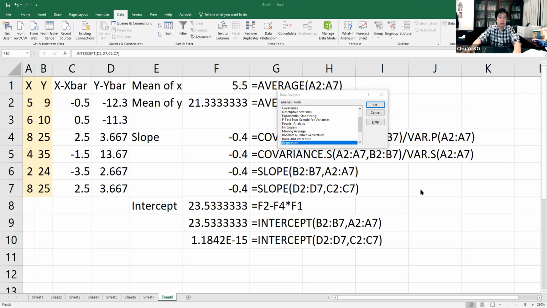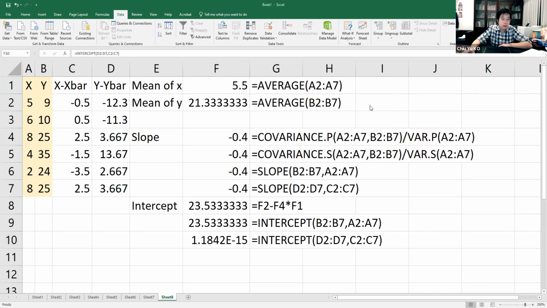I guess you do. Then at the end, you will see the last ones, and we'll have the regression. Okay, OK for regression.